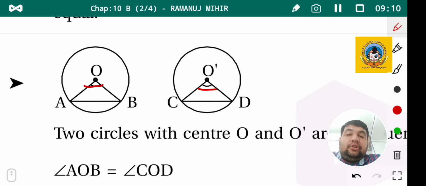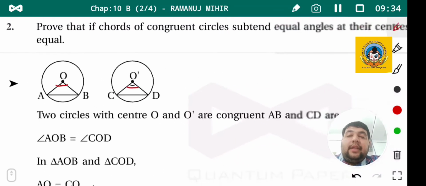For that we will use the same method that we used in the previous question. What is the method? We proved that both triangles are congruent. If we use that method here, we can say that AB is equal to CD. So now we have to give the names.